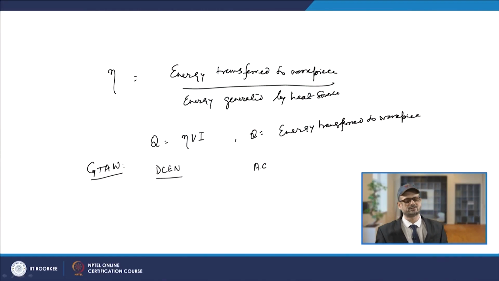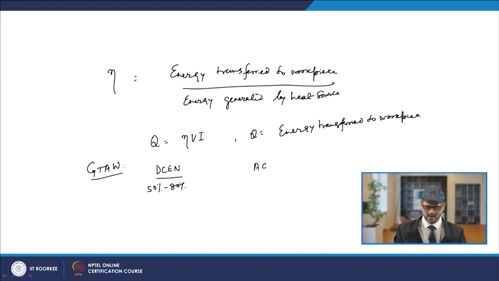You may have the option of AC current also. In that case you will have transfer of heat for half the cycle, and in the other half cycle there will not be transfer of heat. If you compare these two cases and measure the heat efficiency, you will see that for DC the efficiency varies from 50 to 80%.